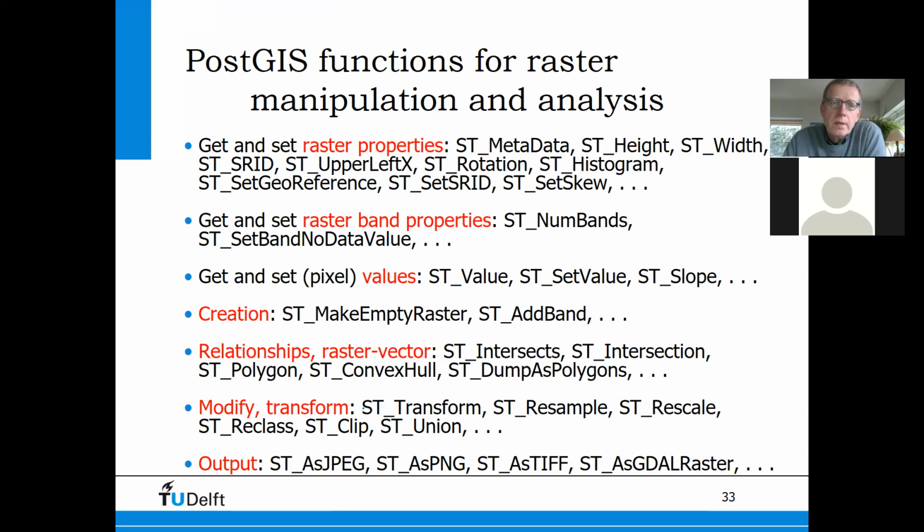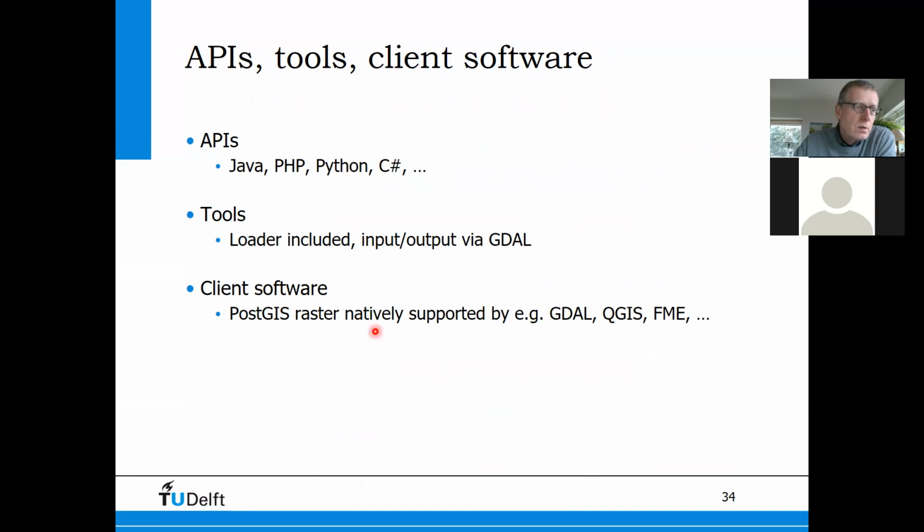And really also some really nice raster operations like resample, rescale, reclassify, clip from the raster, combine rasters, and finally a lot of output functions to convert to different formats. Output is JPEG, output is PNG, output is TIFF, output is GDAL raster, and so on. There's a rich library of tools available. Application programming interfaces to Java, PHP, Python, C#.